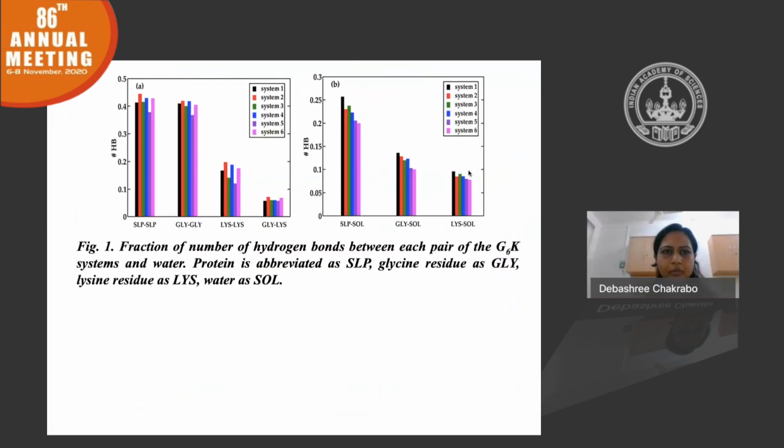And we plotted the fraction of hydrogen bonds between the peptide units, and it is found that in the neutral system, the hydrogen bonds between the peptides are more compared to the charged unit, which is obvious because in the charged unit, the peptides will start making hydrogen bonds with the water molecules.